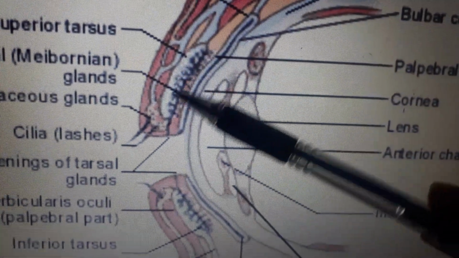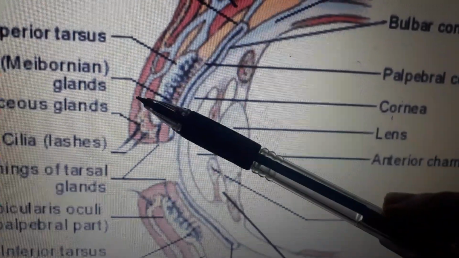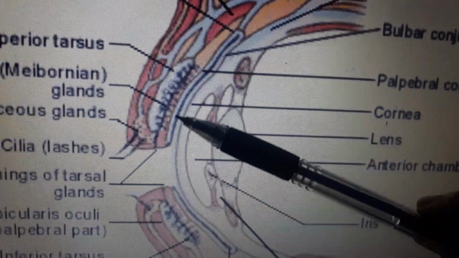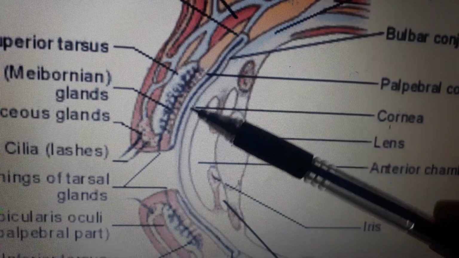From superficial to deep, after the tarsal plate and smooth muscles, the inner layer covering the eyelid is the conjunctiva, the palpebral conjunctiva, which looks pinkish in color.